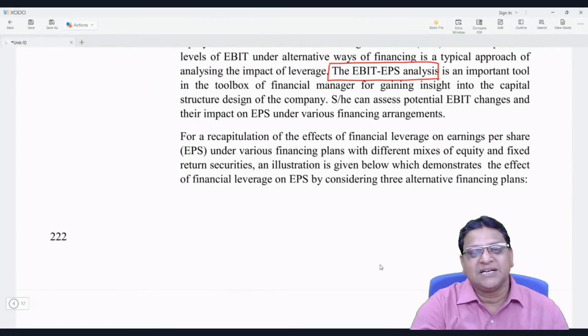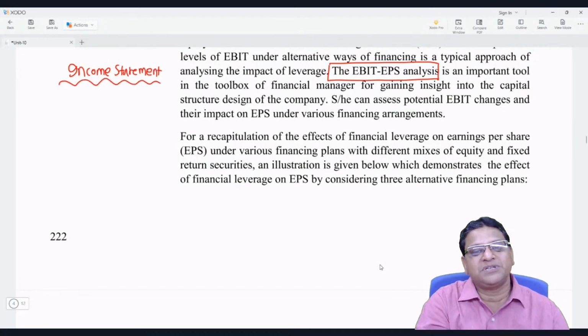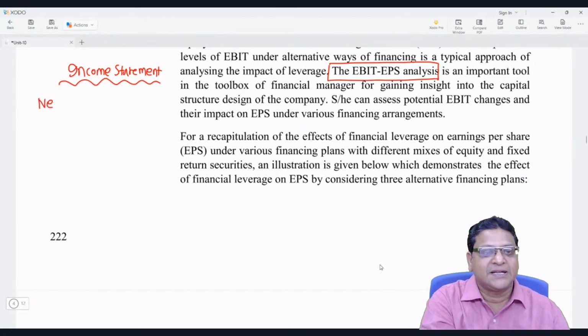If you analyze the income statement of an organization, it will be like this. We know how the income statement of an organization looks. First we have net sales. Out of net sales, if we deduct COGS, cost of goods sold, we get gross profit.